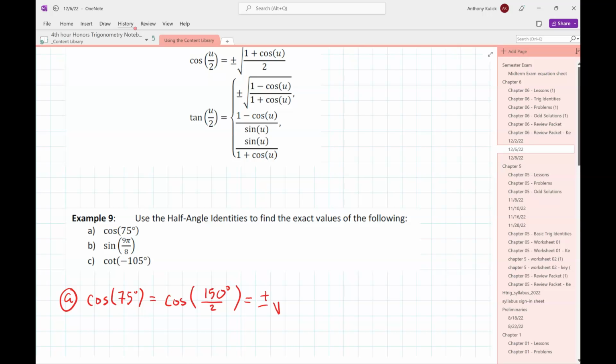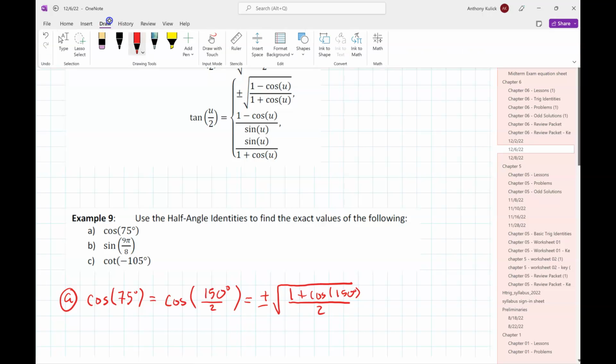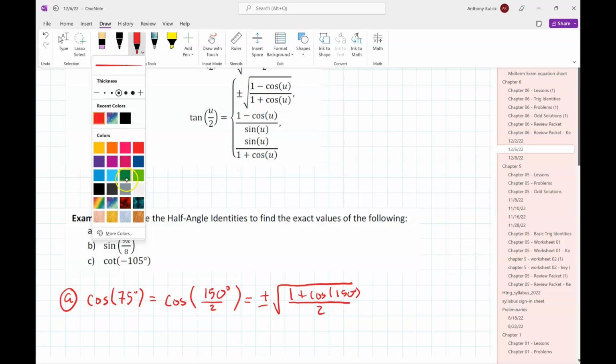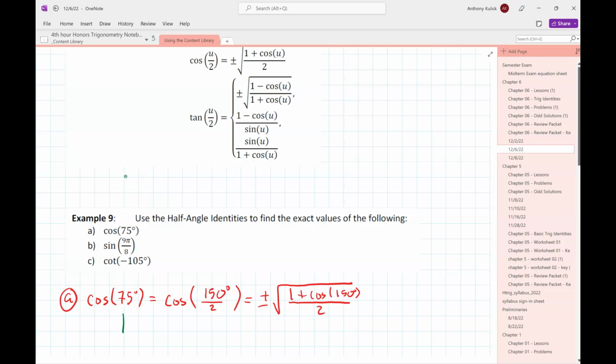Okay, so I have plus or minus square root of 1 plus cosine of 150 over 2. Everybody feel okay there? Now I'm going to make my decision right now about whether I want plus or minus.